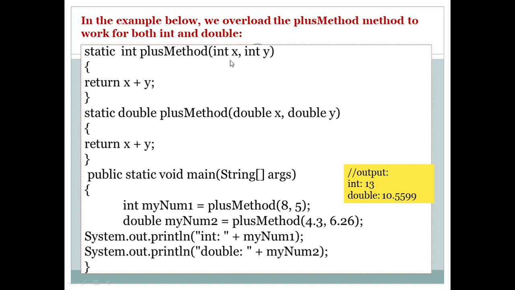So this 8 will be assigned to x and 5 will be assigned to y. So what does it return when called? X plus y means 8 plus 5, that is 13. For double I'm going to pass 4.3 and 6.26. So the addition of this is 10.55. Here I am not calling by using an object and dot operator, because a static method can be called directly, right?